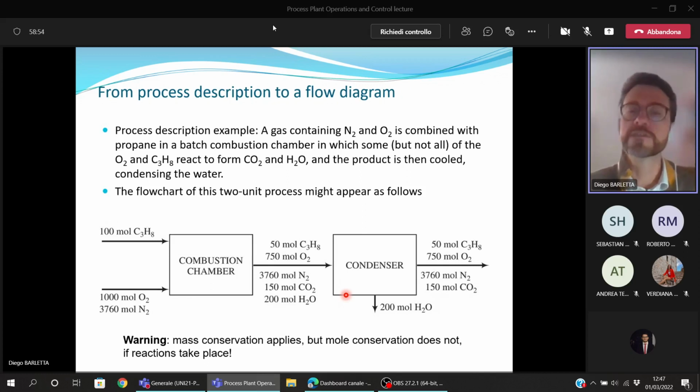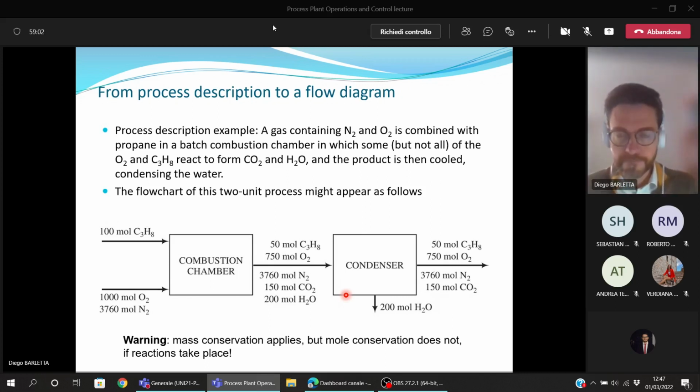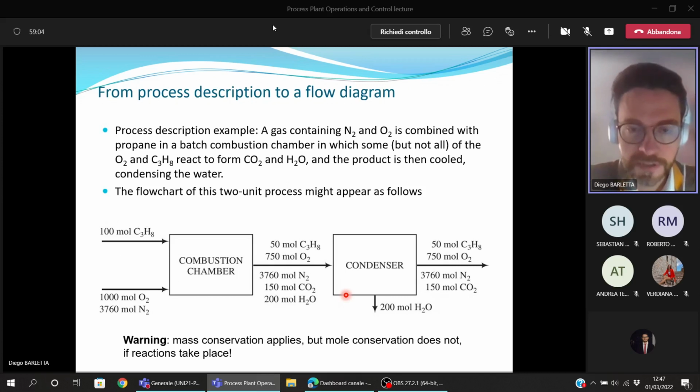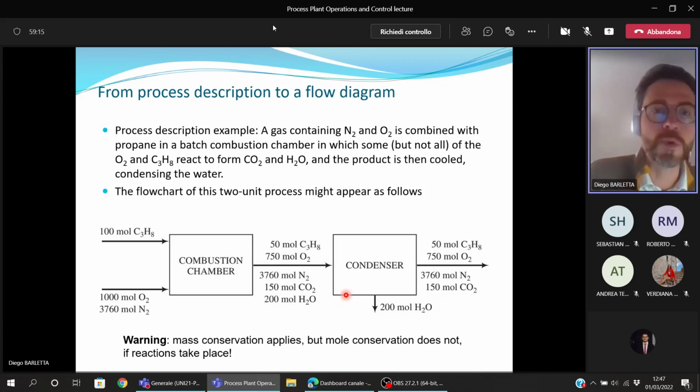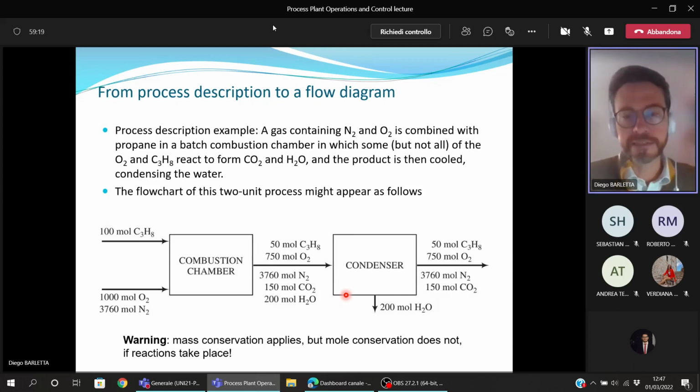Of course, this is related to consumption and generation terms. But what is important to remember here, since we have dealt till now with mass, while here we have mole, is that mass conservation applies, but mole conservation does not if reaction takes place.